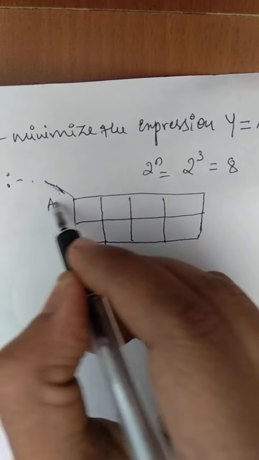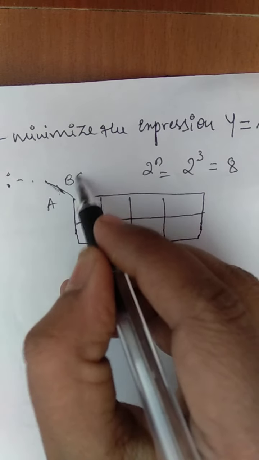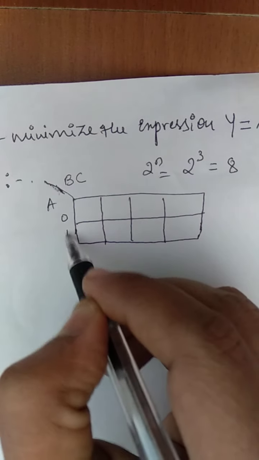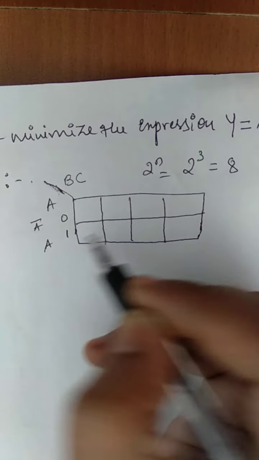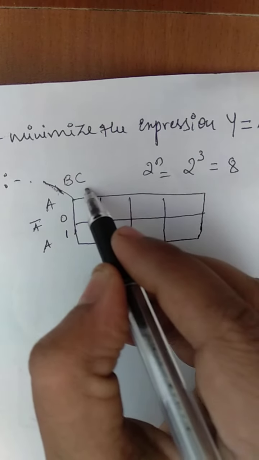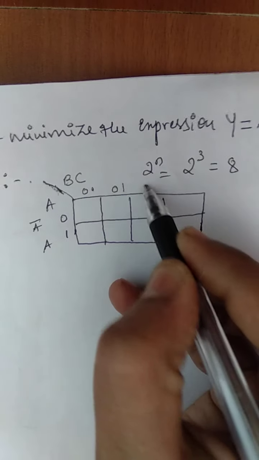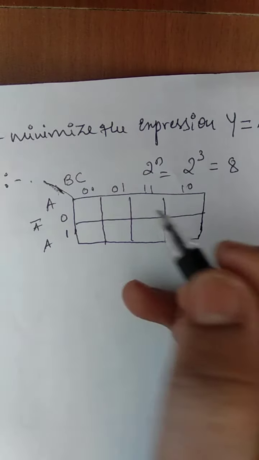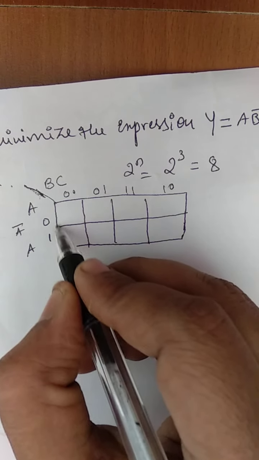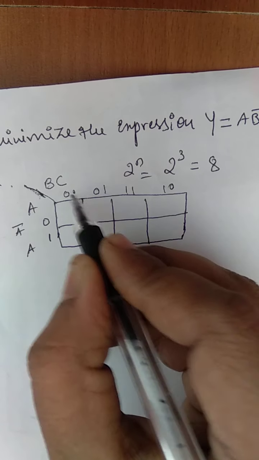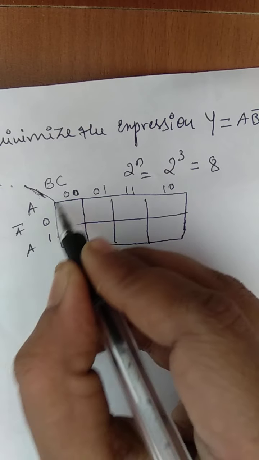Here you can take it as A, you can take it as B and C. Here 0 and 1. So 0 is representing A bar, 1 is A. So BC is 0 0, 0 1, 1 1, 1 0. So this entire block is having the value of 0, 0, 0.